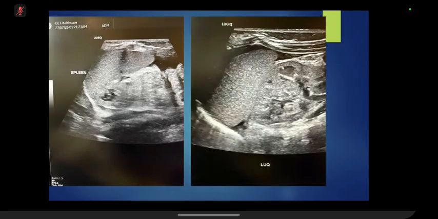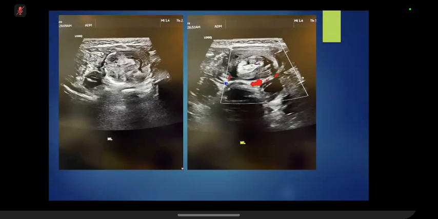I've been presented with the splenic spot section. The spleen appears to be normal. However, I appreciate that there is minimal fluid collection noted in the abdomen. I also visualize the left kidney, which appears normal, no hydronephrosis, no calculus seen. I'm concerned about the free fluid which is seen inferior to the spleen.